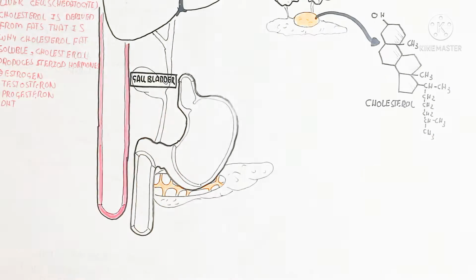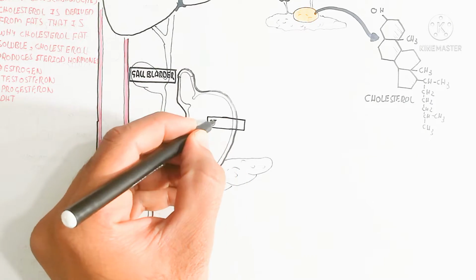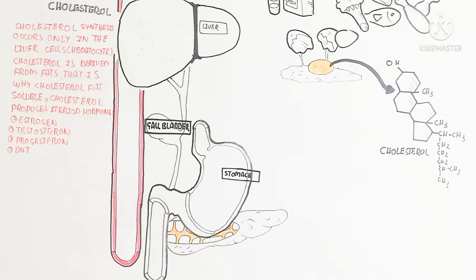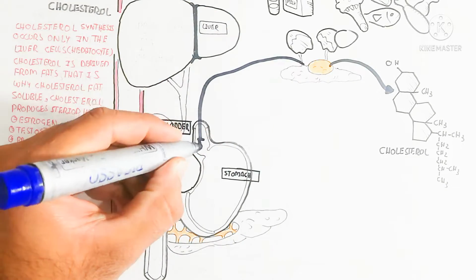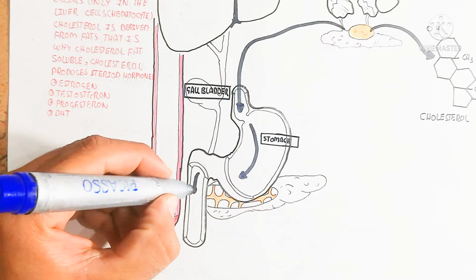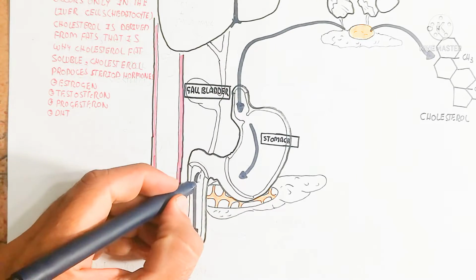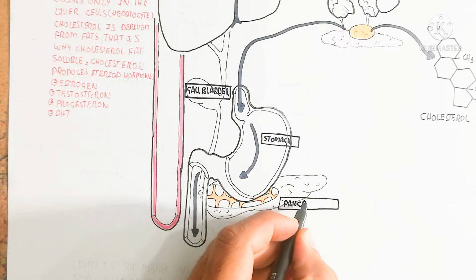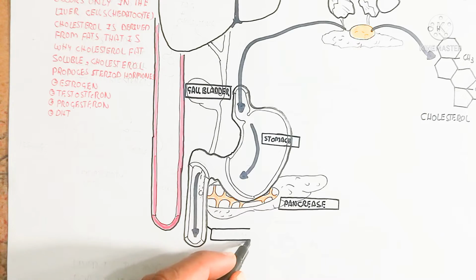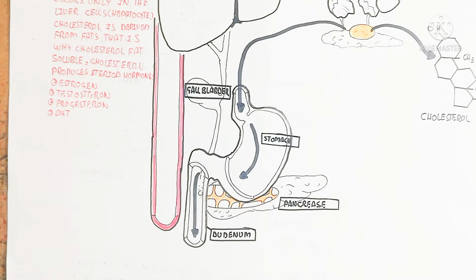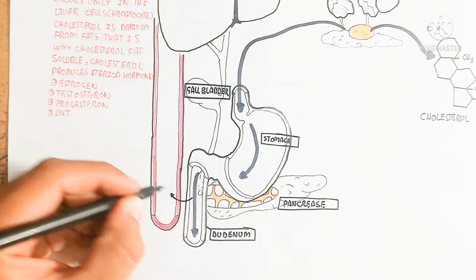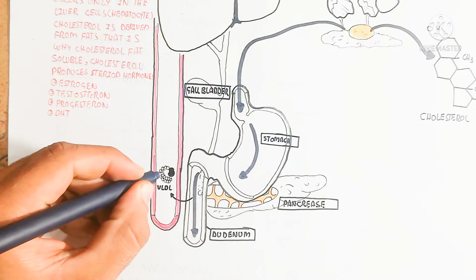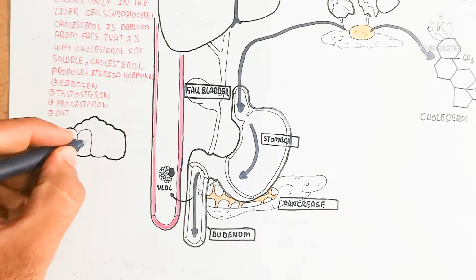Remember, when we take food it goes into the stomach, and after digestion goes further into the duodenum, where the pancreas contains an exocrine enzyme, the pancreatic lipase. The gallbladder produces bile pigment and bile salt for the emulsification of fat, and the lipase is used for the digestion of fat.